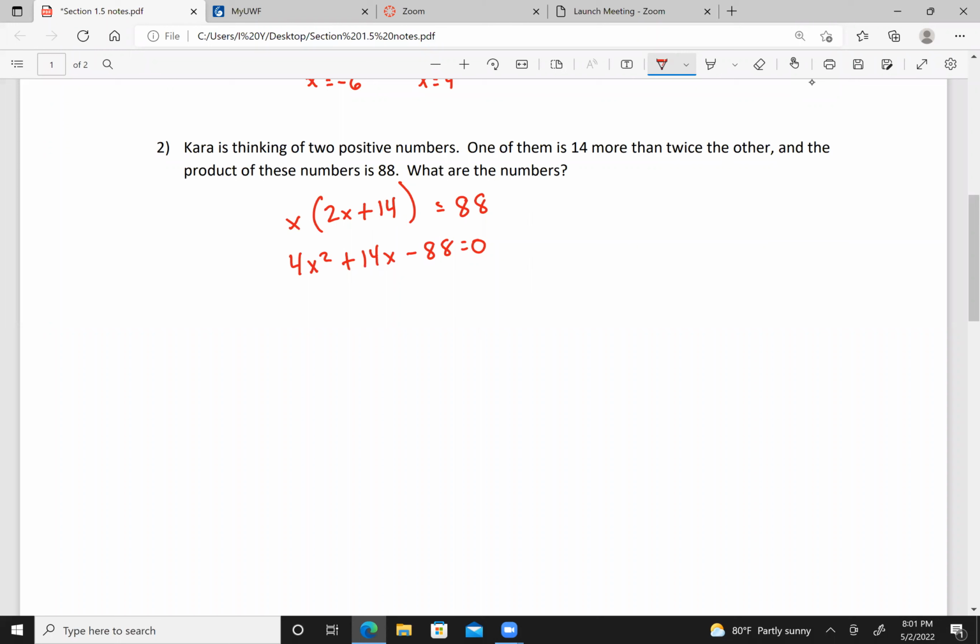Now I can't really divide out to make it easy, so we'll go to the quadratic formula. x is equal to negative b, so that's negative 14, plus or minus the square root of 14 squared minus 4 times a, which is 4, times c, which is negative 88, all over 2 times a, which is 4.